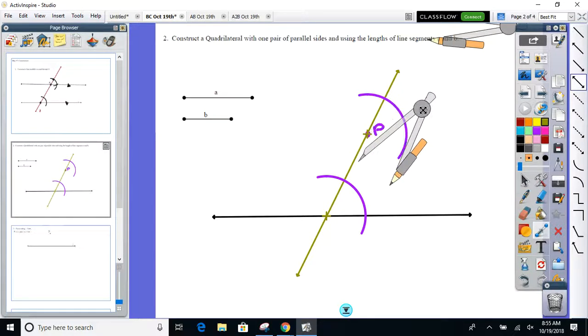Then measure, remember this last step here, measure with your compass the distance between the 2 points of intersection. And then here's the big part, go up to where it intersected and draw it through. You're making congruent corresponding angles. And then when you're ready, draw in your parallel line.